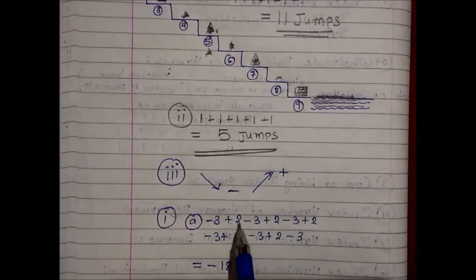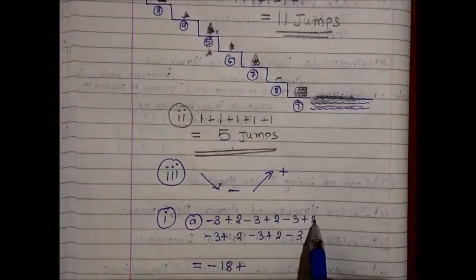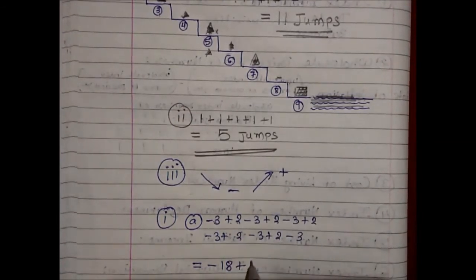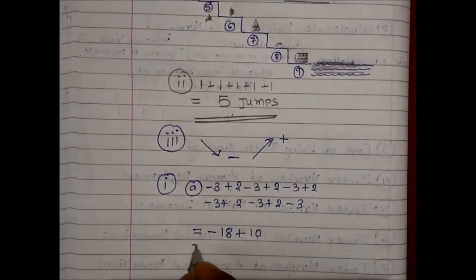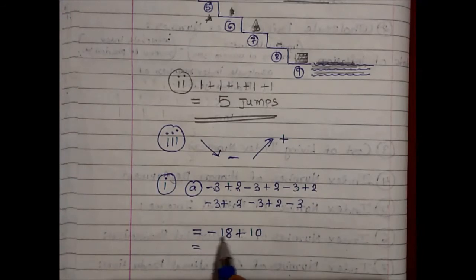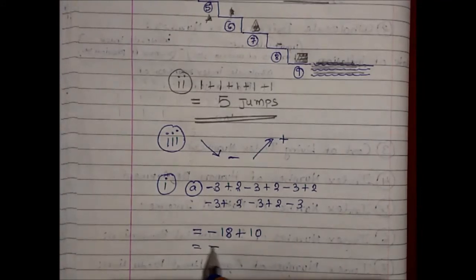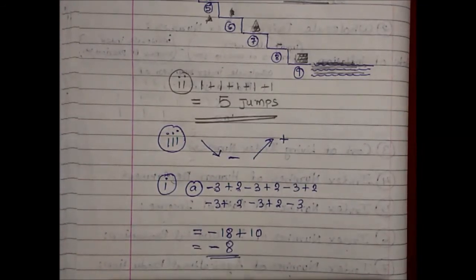Plus 2 comes 1, 2, 3, 4, 5 times, so 10. The very first 18 is negative, whereas this 10 is positive. So both have opposite signs. So subtract and take the sign of the greater number. Here the greater number is 18, so our answer will be -8.